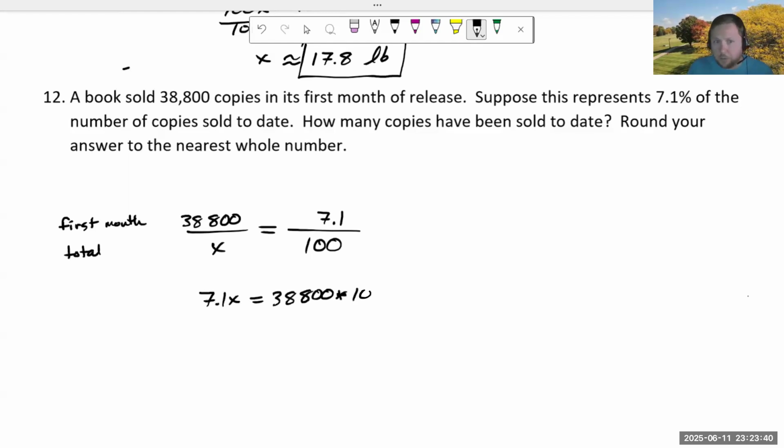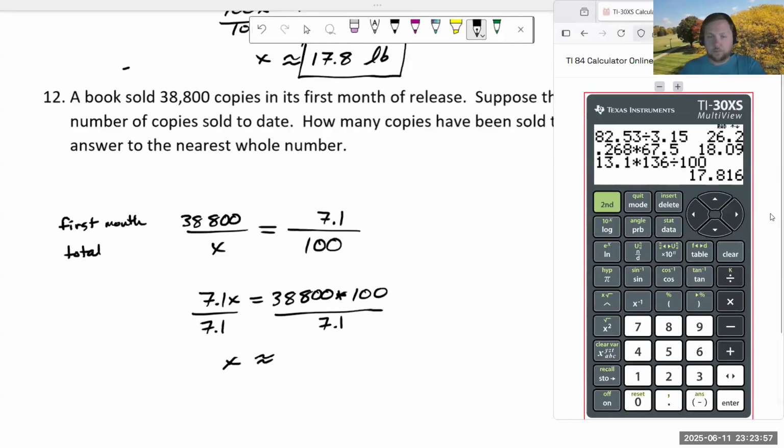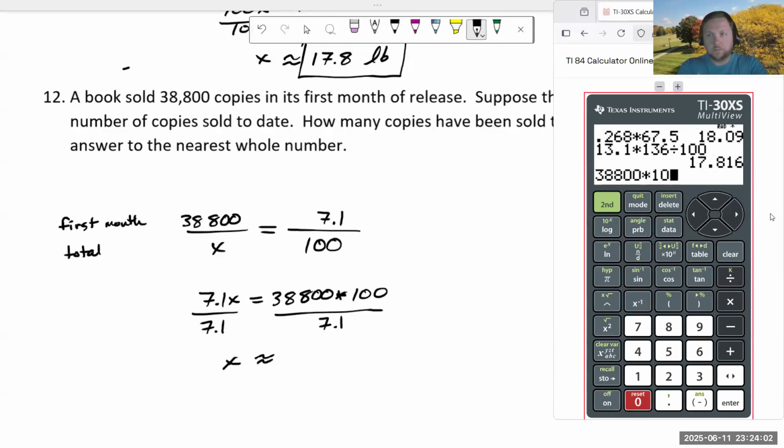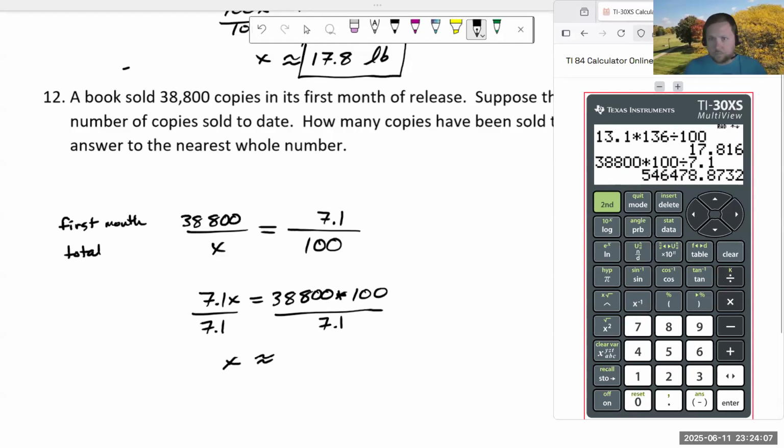You don't have to use proportions to set these up, but I feel like it's just a bit easier for the story problems. So to the nearest whole number, I have 546,479.